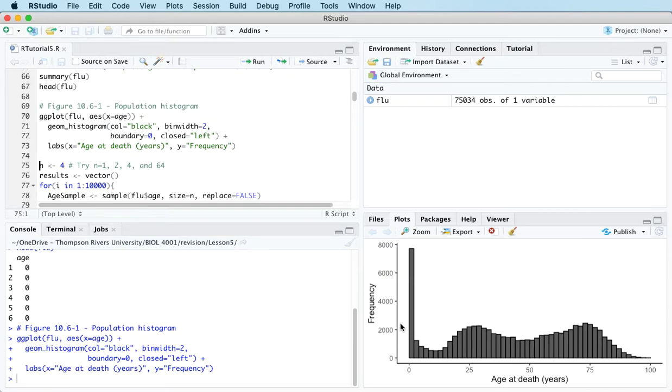What we can see is there's a peak in the distribution right on the left hand side of the age axis. This represents infant mortality, this peak on the left. We've got another peak for older people. Again, that's very typical for this kind of distribution.